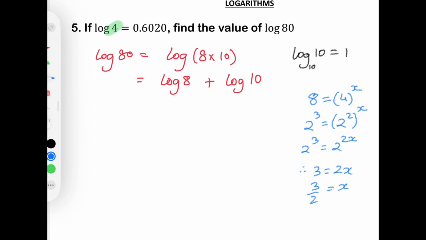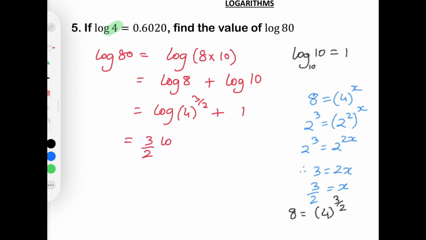That means 8 can be written as 4 raised to 3 upon 2. So replacing this value, we get logarithm of 4 raised to 3 upon 2 plus 1. Log 10 value is 1. This is equal to 3 by 2 times logarithm of 4 plus 1.